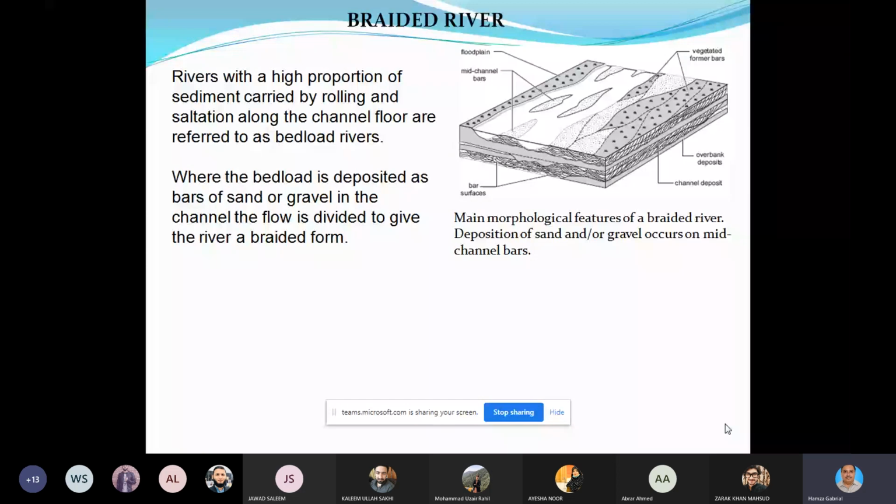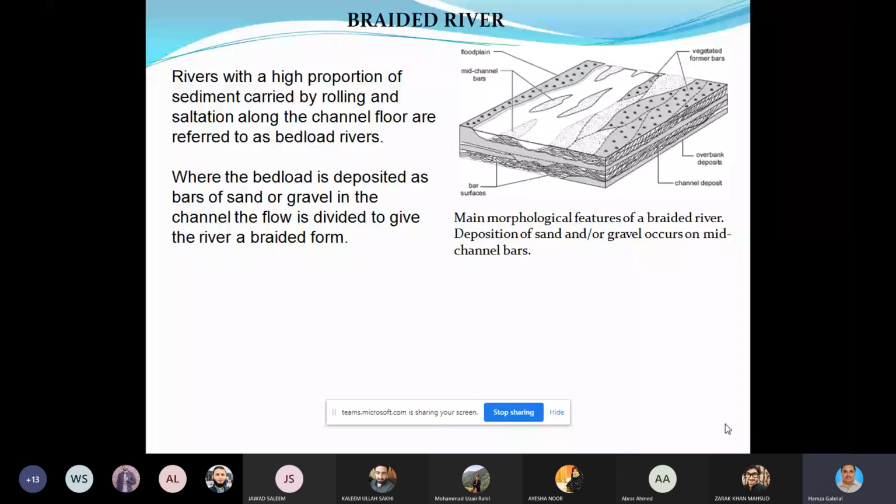So in a braided river, when it has got a high proportion of sediment which is carried by rolling and saltation along the channel floor, we have classified them as bed load rivers. So where this type of sediment, that is the bed load, is deposited as bars of sand or gravel in the channel, the flow is split up and it gives the shape of the braided form.